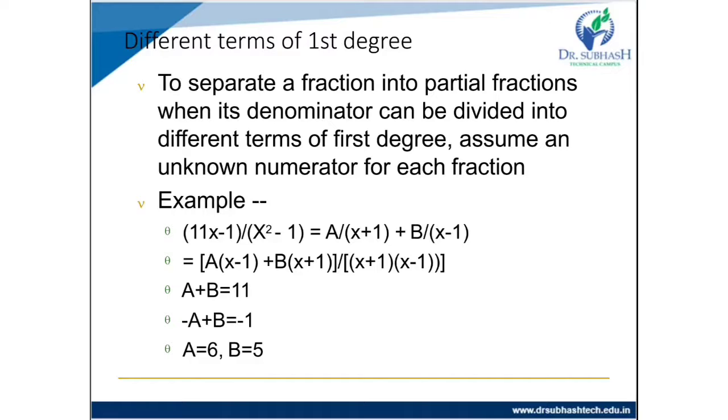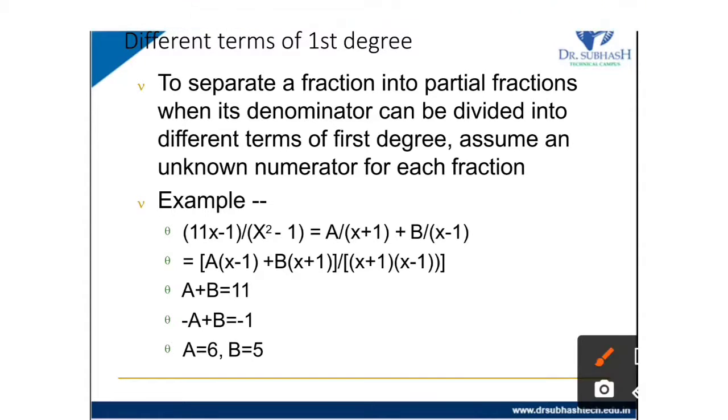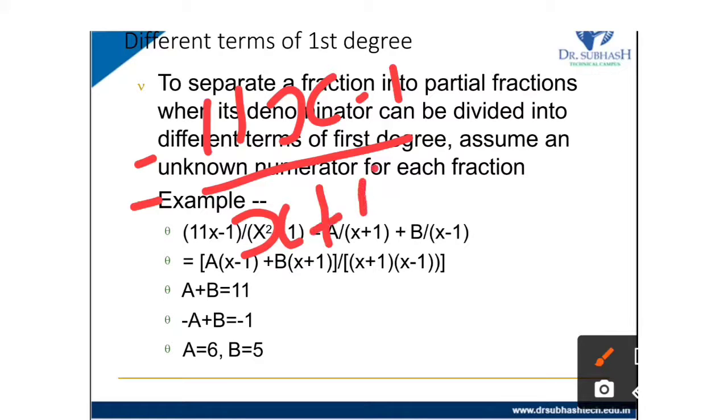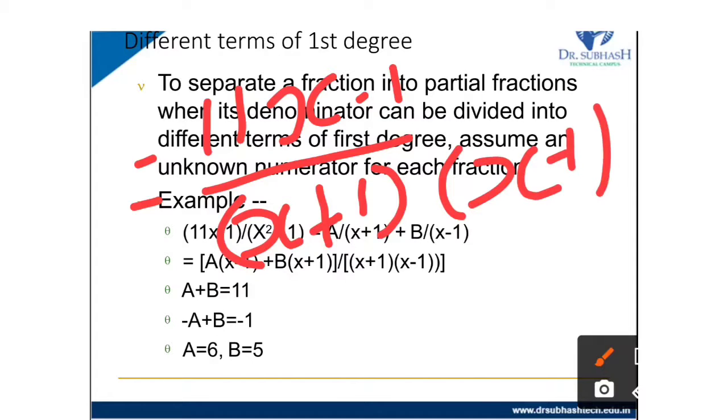Here is given 11x minus 1 upon x square minus 1. So we will write 11x minus 1 divided by x plus 1 and x minus 1.